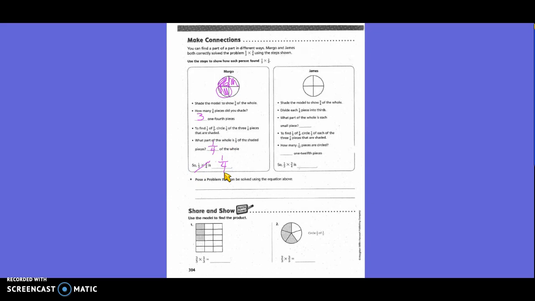Shade the model to show 3/4 of the whole. So once again, we color 3 of the 4 pieces. Divide each 1/4 piece into thirds. So we would divide it into thirds.